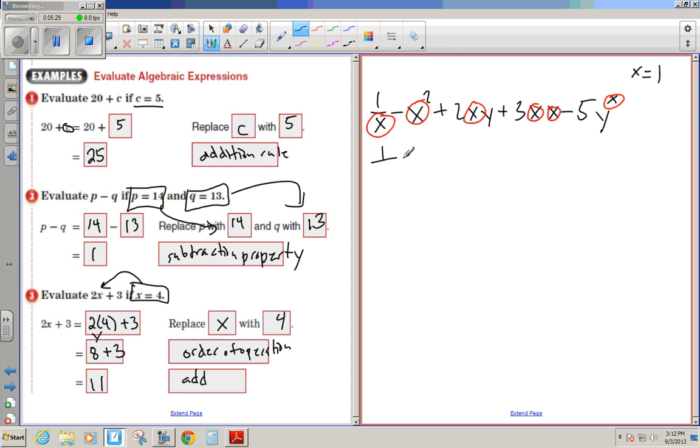So 1 over 1 minus, in parentheses, 1 squared plus 2 times 1 times y, plus 3 times 1 times 1, minus 5y to the first power. Every time I saw an x, I wrote a 1 instead.